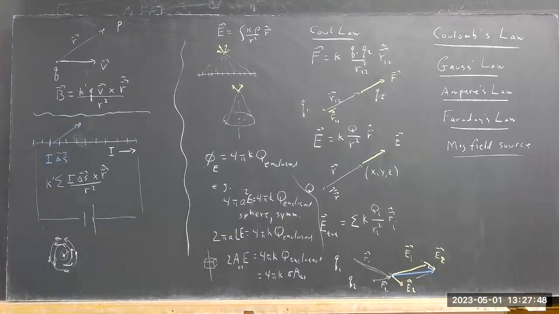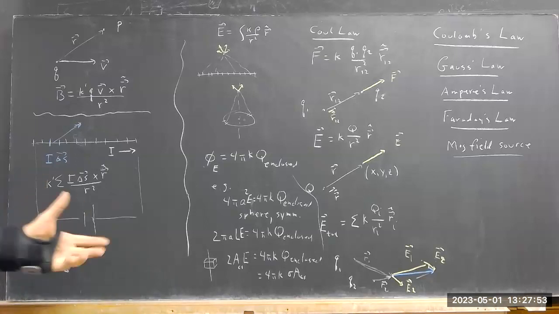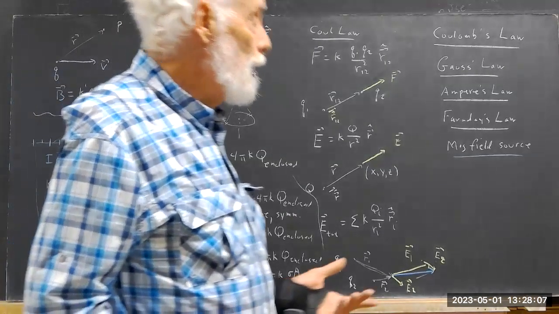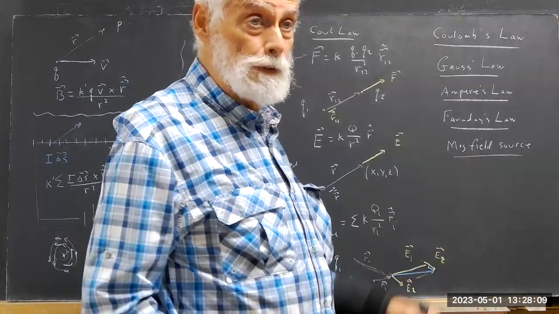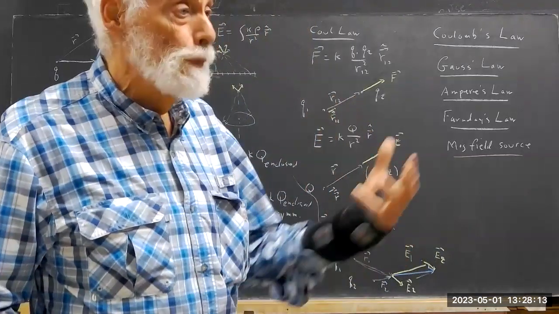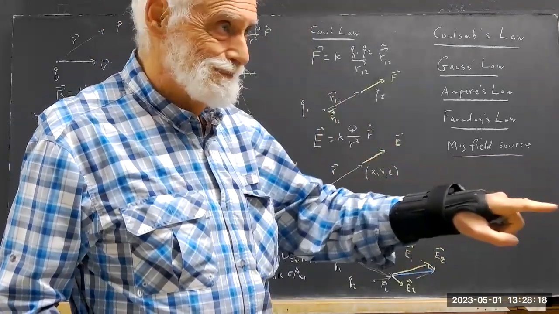Your infinite wire falls off as 1/R. So if you're twice as far, you get half the field. That's pretty much the basis for what you need to know about the magnetic field source. It's either moving charges, or for most of what we've done, drifting charges.